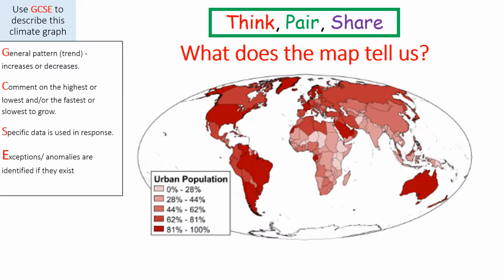Some anomalies are obviously Northern Africa. I think that's Algeria and Libya. And those two have rates of about 62 to 81%. And in the Middle East as well, as you can see, Saudi Arabia has a very, very high proportion of people living in urban areas.